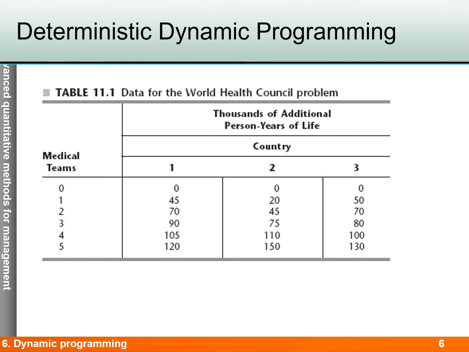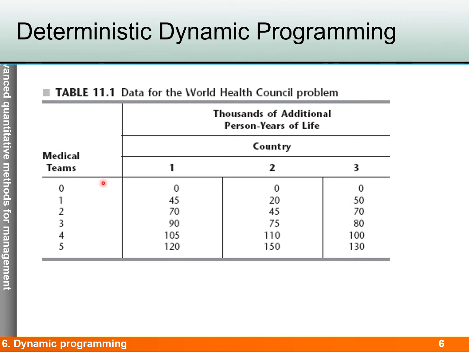We know that this total allocation is equal to 5, because in total we have 5 medical teams, and this allocation should be an integer because they are teams. We can't have 0.5, 0.2.